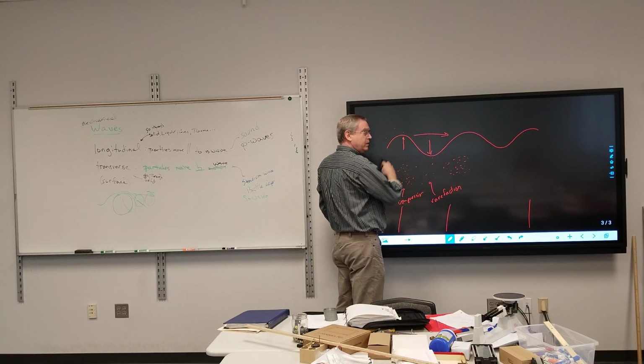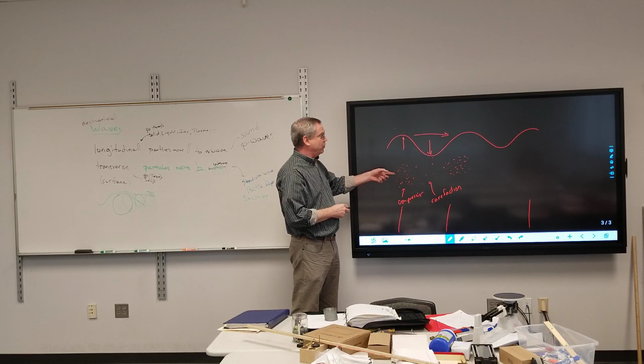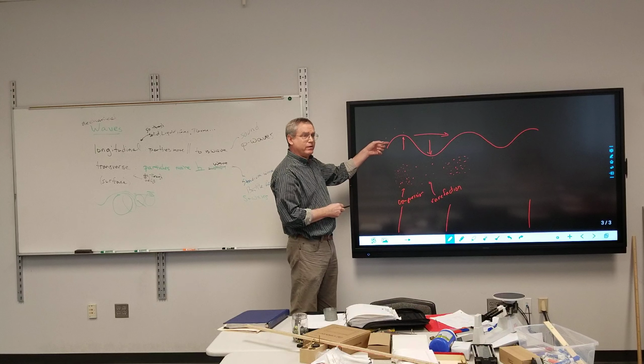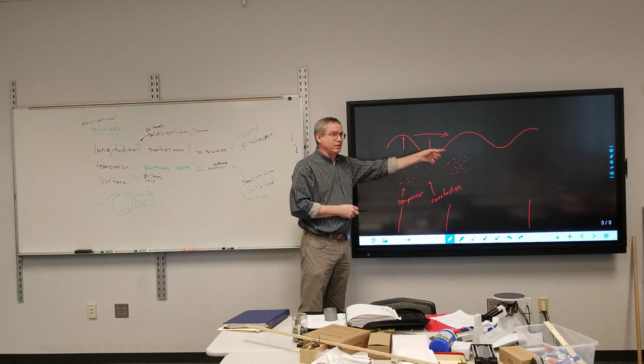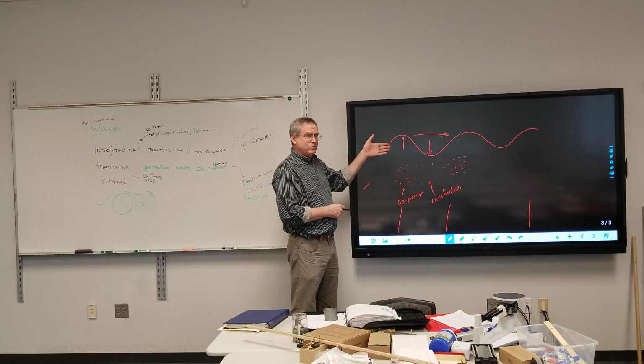Oh, I thought that was just the way of representing the particles in the air. This would be particles in the air, although I could represent this looking like this as well. I will use this drawing to represent either type of wave. But if I'm doing a transverse wave, I'm going to be doing sort of that side view.